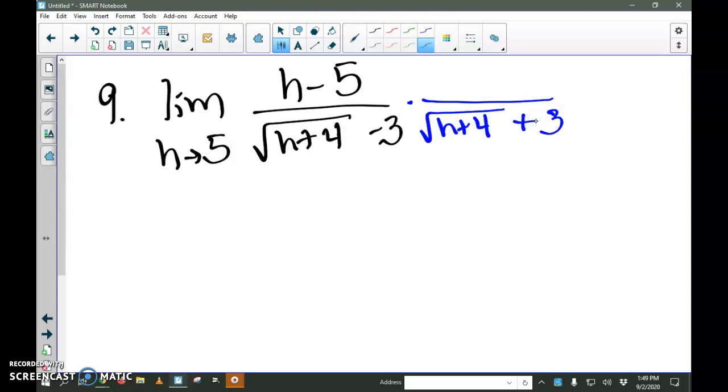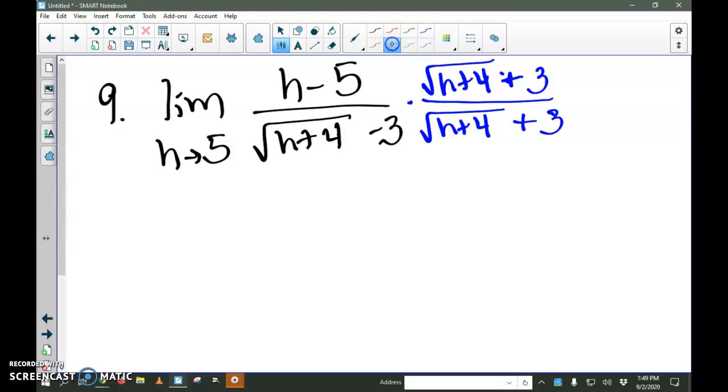So I'm not changing the symbol under the square root. I'm changing the symbol between the square root term and the 3. And because I have to maintain the integrity of the function, I'm going to multiply by 1 by writing that same conjugate in the numerator.